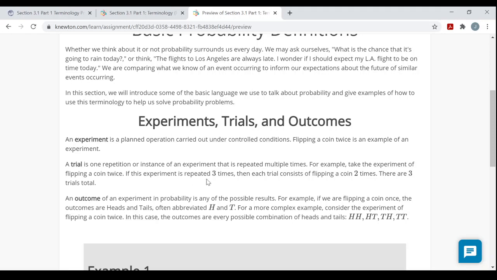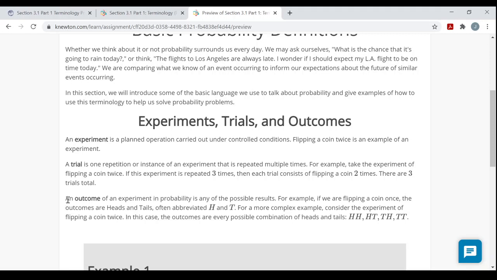Basically if I flip the coin twice, record my data, that's 1 trial. Then I flip the coin twice again, I repeat the experiment. Every repetition of the experiment is called a new trial. So I flip the coin twice again, record my results, and then I flip the coin twice again, the 3rd trial of the experiment, and record my results.